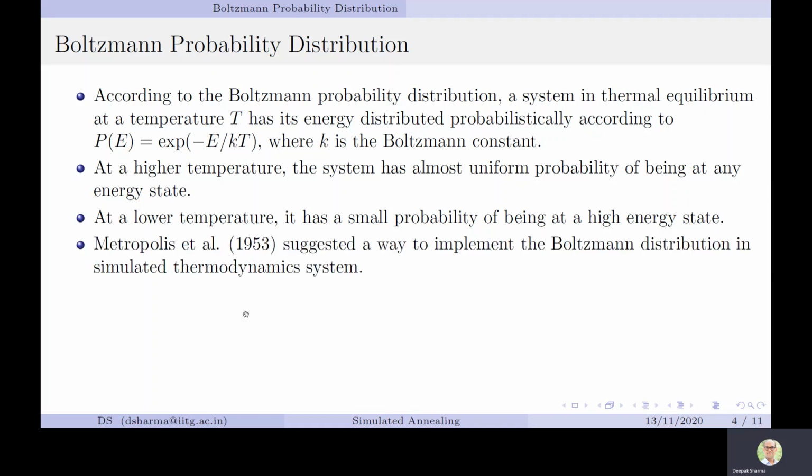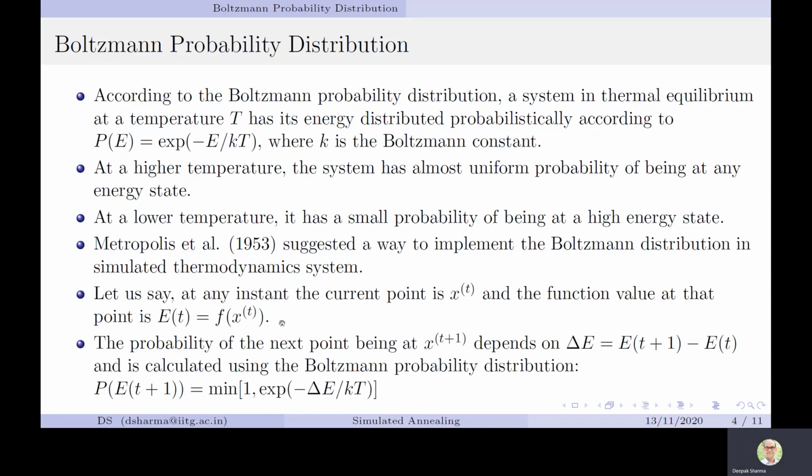This Boltzmann probability distribution was used by Metropolis, who suggested a way to implement this distribution in a simulated thermodynamic system. How can we use it? Let us say at any instant the current point is x_t and the function value at that point is E_t. So at point x_t, the function value is represented as the energy E_t, equal to f(x_t).